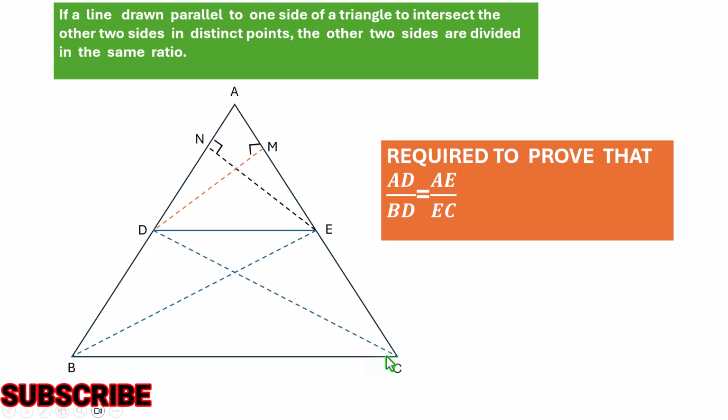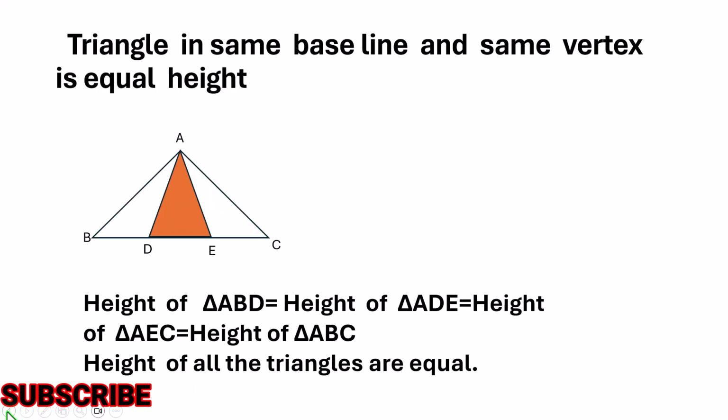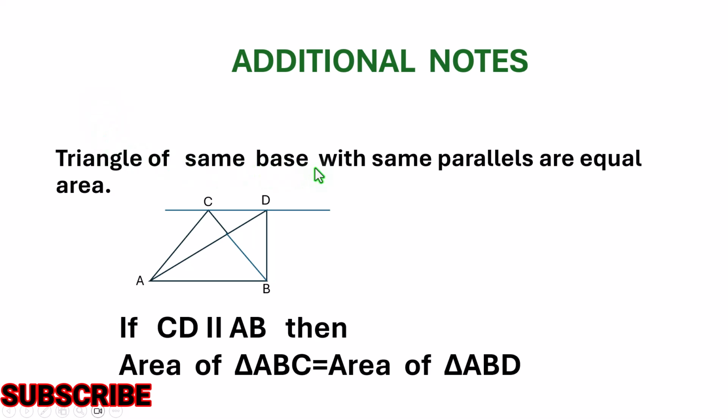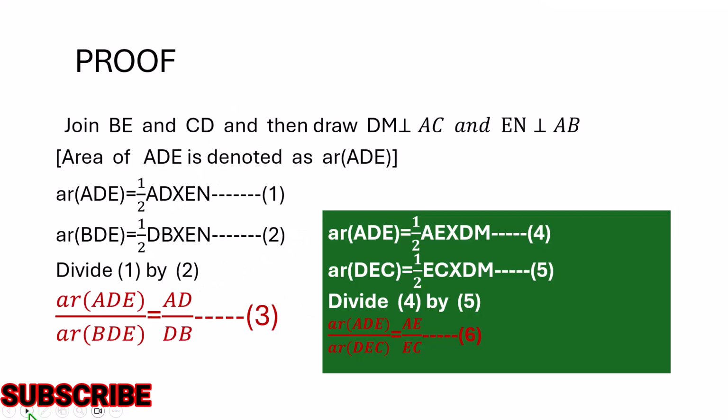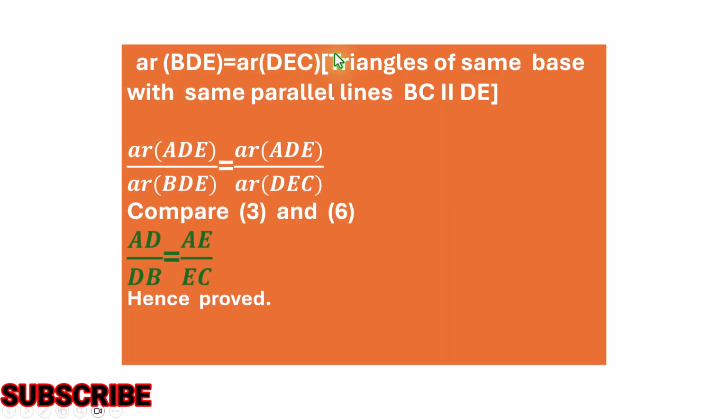The principle is that triangles on the same base and between the same parallels have equal area. So area of BDE is equal to area of DEC.